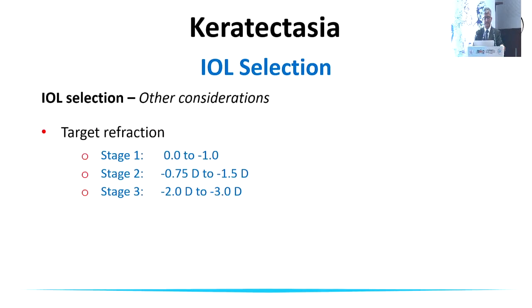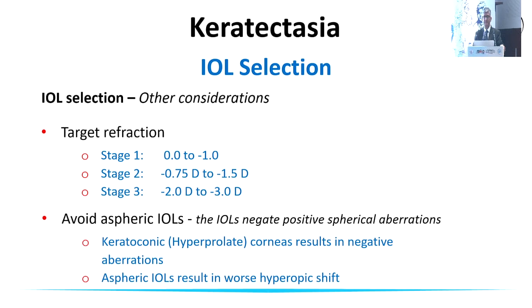You must have a target refraction based on the severity of disease. For stage 2, you should aim for more myopia, roughly about 1 diopter, and in stage 3, about 2 to 3 diopters of myopia. Avoid aspheric IOLs, because these IOLs are aimed at negating the positive spherical aberration.